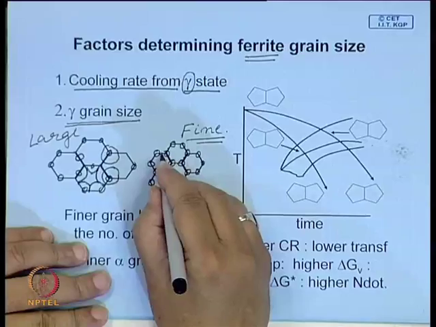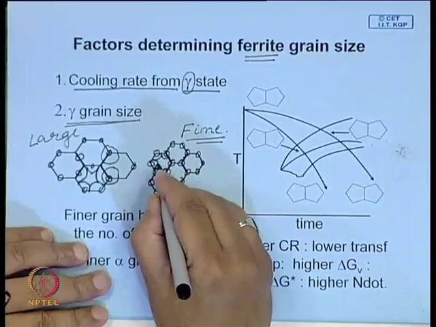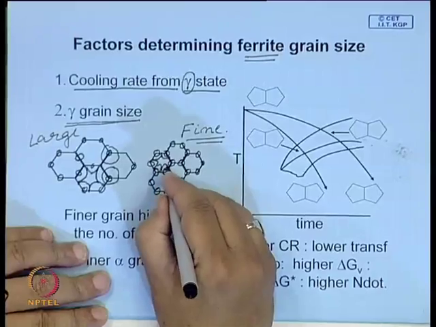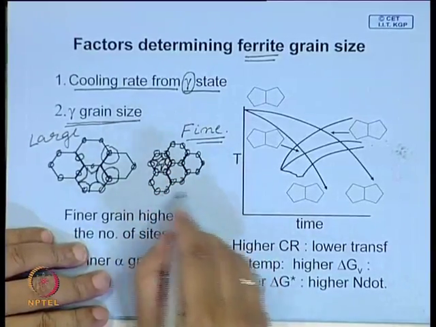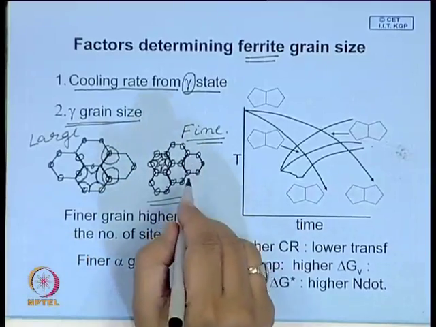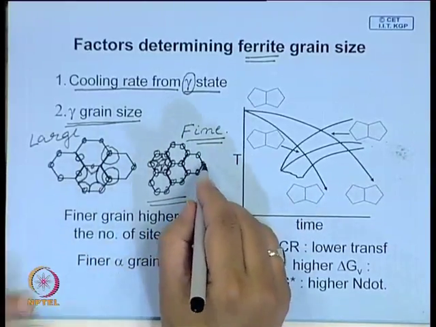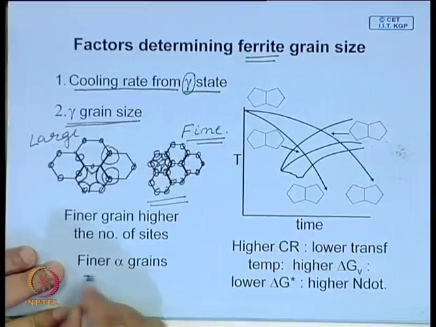So, in this particular case, since you have more nuclei, when they grow and ultimately impinge, the grain size here is likely to be finer. So, if the initial austenite grain size is fine, the final ferrite grain size is expected to be finer.